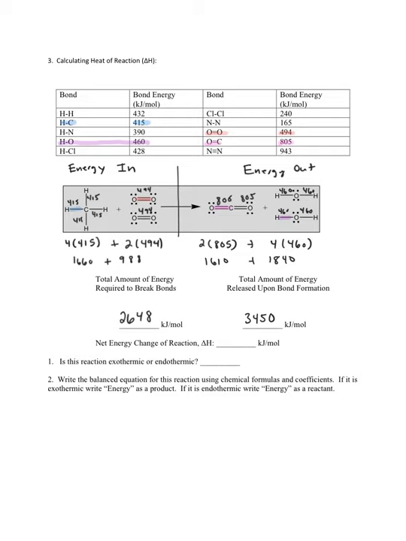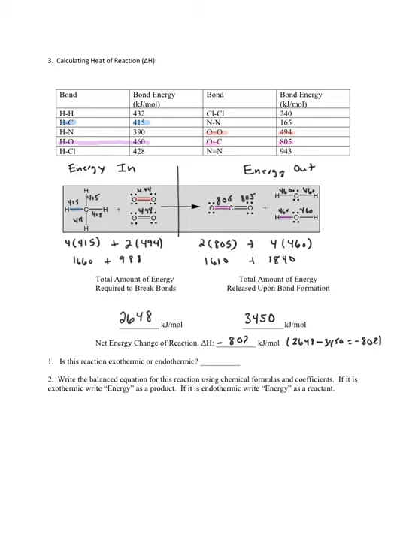And so let's think about the delta H here. The delta H is the difference between the bond energy in on the reactant side and the bond energy out on the product side. And so you want to subtract those. If I'm getting more energy out, I'm going to end up with a negative number, right? So I calculate this by taking 2648 minus 3450, which gives me negative 802.